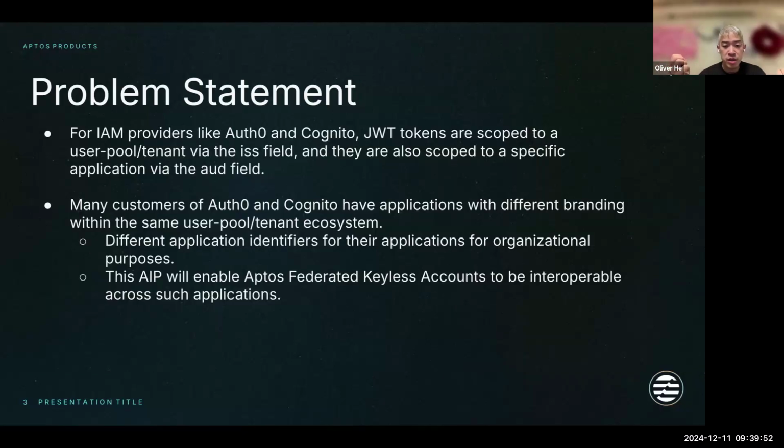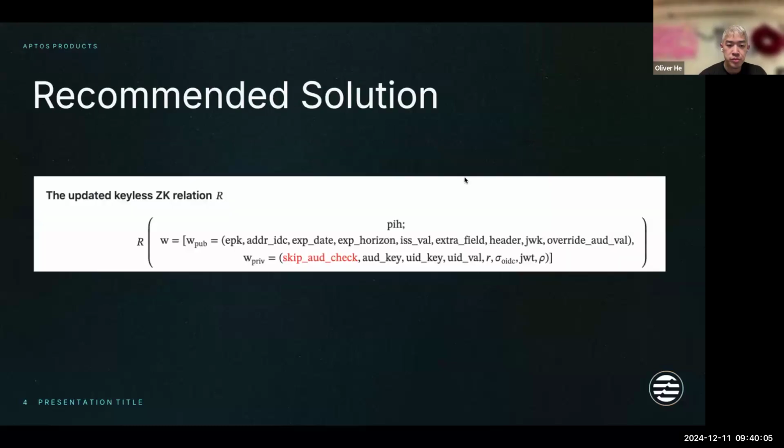So this AIP is really about allowing us to tweak the federated keyless model to be able to model such product use. At a high level, the solution isn't very complicated.